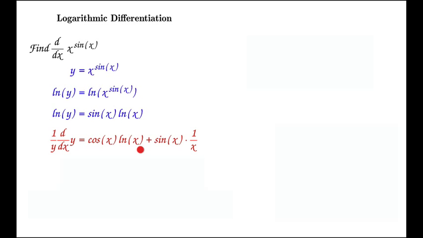So we have the derivative of sine, which is cosine of x times ln of x, plus sine of x times the derivative of ln of x, which is 1 over x.